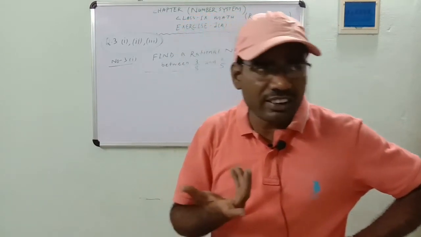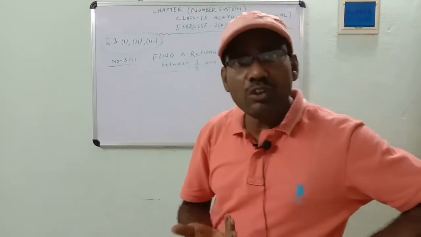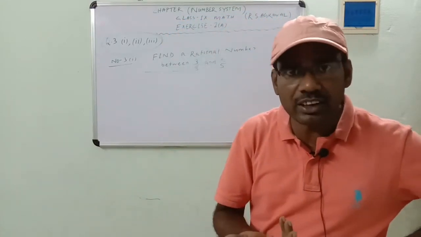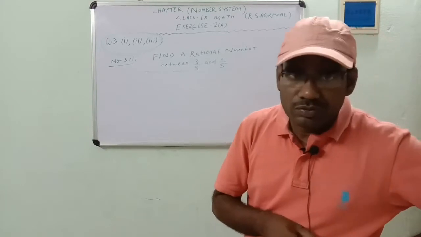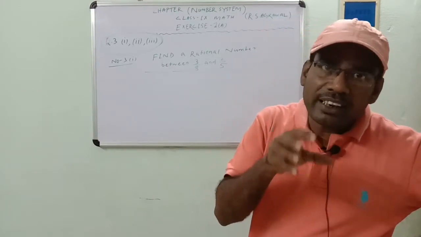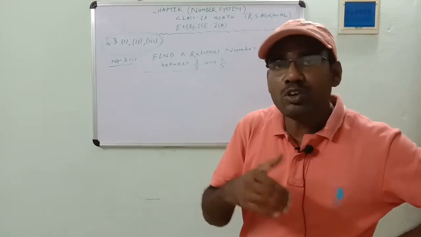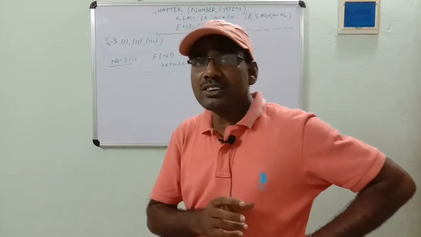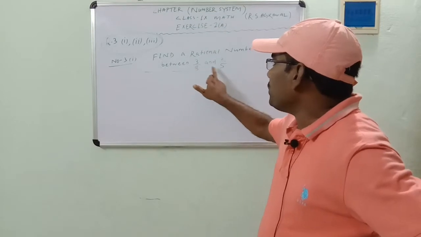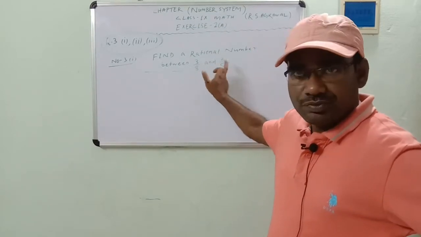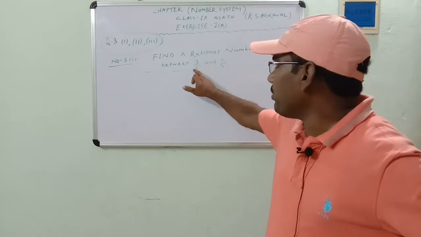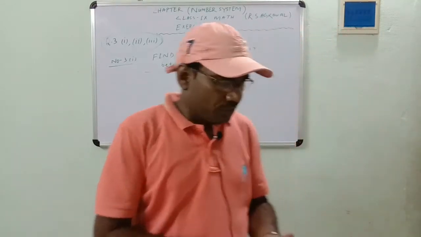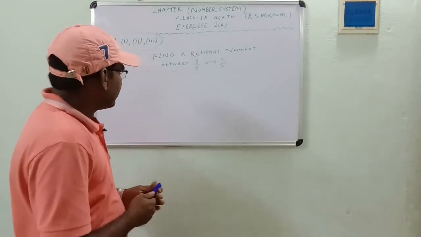Yes, it may be asked in the question to find two rational numbers, or it may be asked to find three rational numbers. Therefore, you have to be clear about the concept, how to find out one or more rational numbers between these two given rational numbers. So let's start the concept.